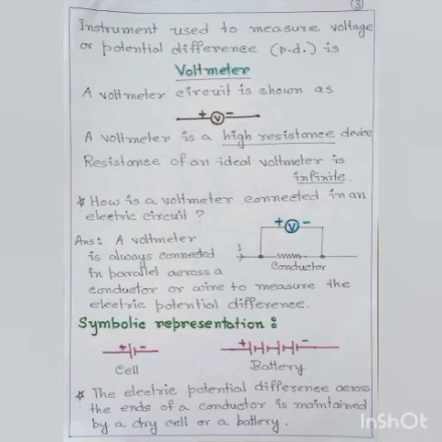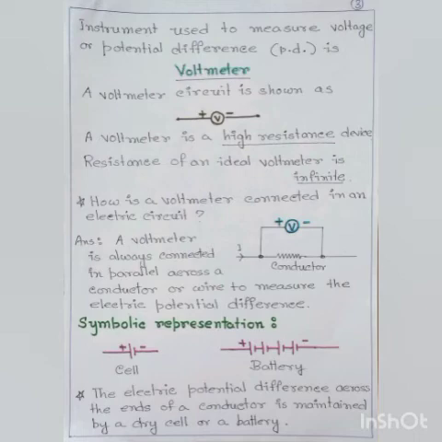Now you don't know what resistance is, but after a few classes we will discuss resistance. So here I have given the information about the voltmeter, and for an ideal voltmeter the resistance will be infinite. You just write down the notes now, later we will discuss this point. And the next point also we will discuss later.